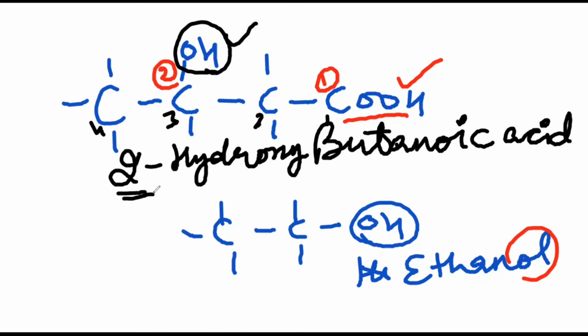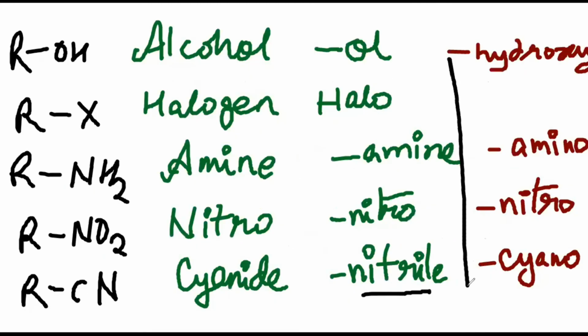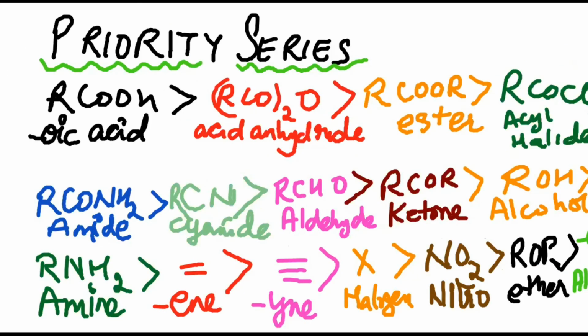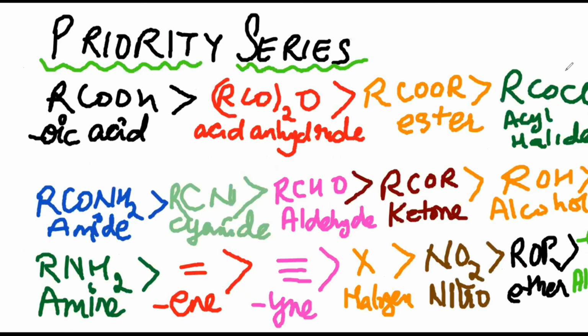And that's why we had given here these names which are showing that when another group, according to the priority list, is present, then instead of the first name, it will be termed as second. देखो, अल्कोहल की जगह हमने क्या लिखा था उसे, हाइड्रोक्सी. जब सिर्फ अल्कोहल था तो अल्कोहल लिखा था. जब अल्कोहल के साथ साथ कार्बोक्सिलिक एसिड था, और क्योंकि कार्बोक्सिलिक एसिड की प्रायोरिटी ज्यादा थी अल्कोहल से, इसलिए हमने उसे लिखा था हाइड्रोक्सी, है ना? समझ में आया?